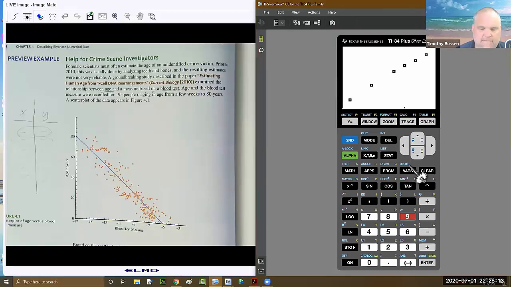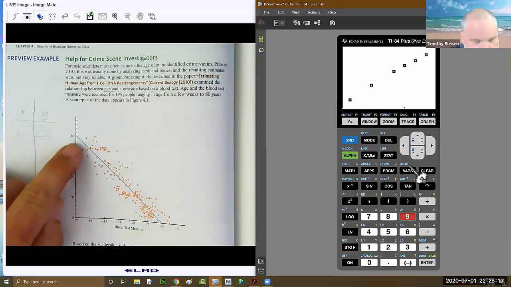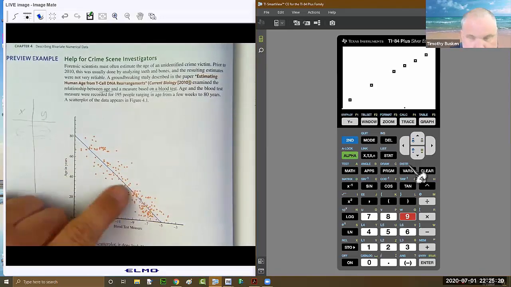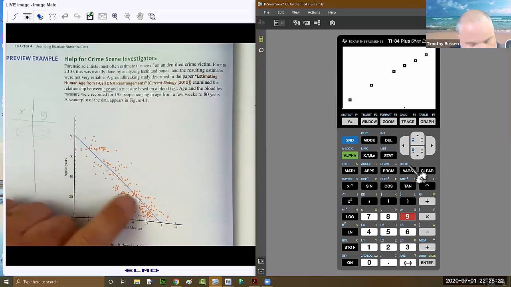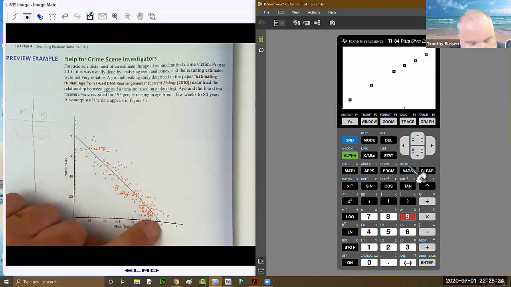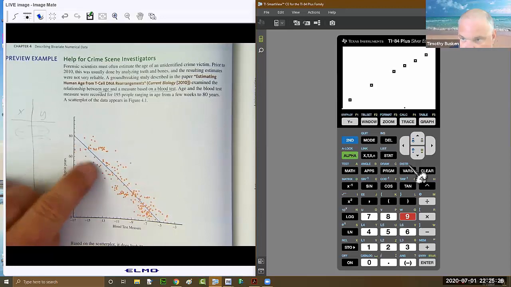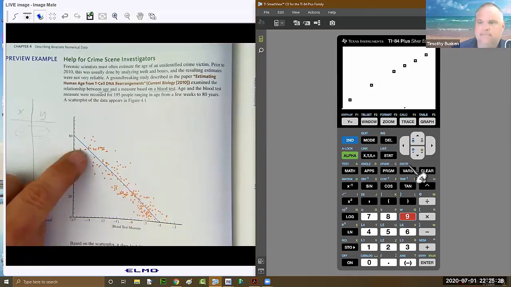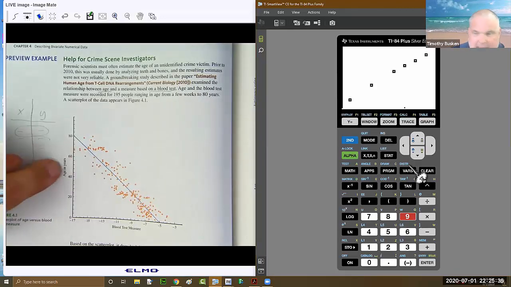And if that's the case, what is the best fitting line, or the regression line, that we could put into the scatter plot? And then afterwards, we could use the equation of that line to make predictions about the Y variable, or about the age, in this case, the age in years, right?